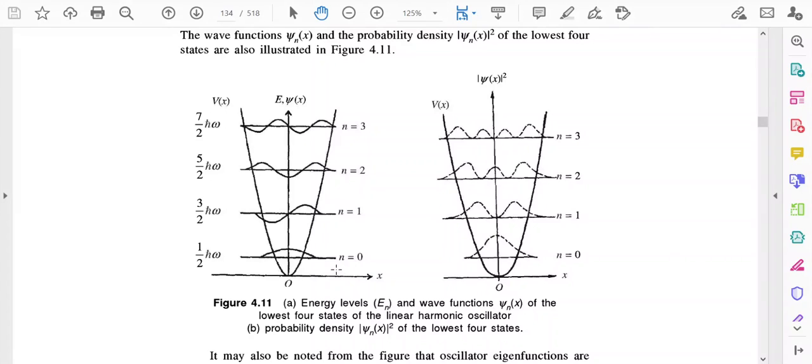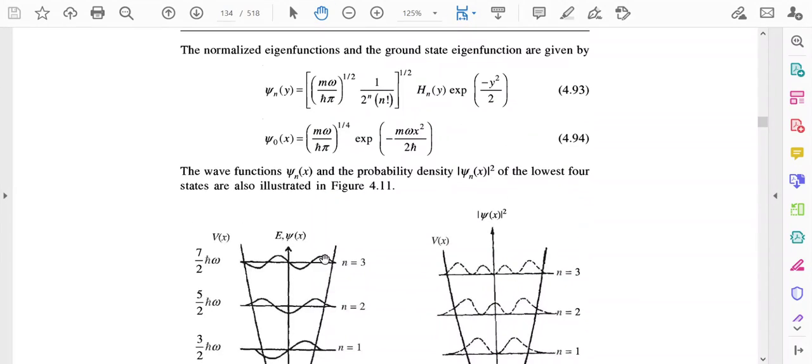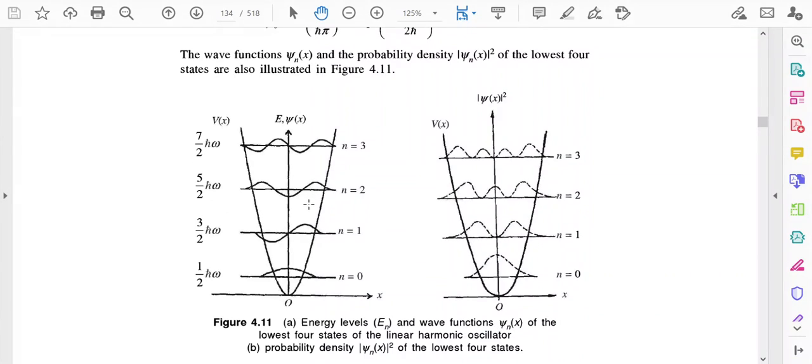And for n equal to 0, we have obtained the wave function like this. This is the expression for the wave function for n is equal to 0. Now we can plot it. If we plot the wave function, it will look like this. You see that this curve is symmetric along the y-axis.